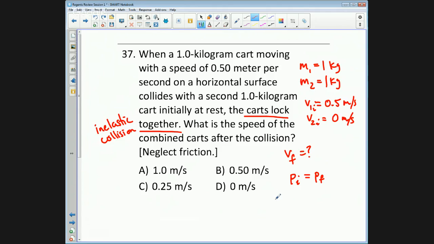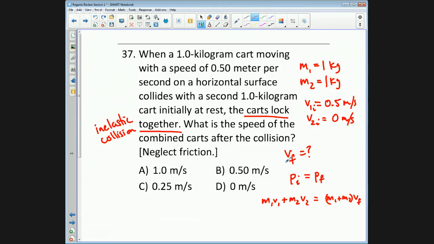So the total momentum before is m1 v1 plus m2 v2, and the momentum afterwards is, because it's an inelastic collision, m1 plus m2 added together, they stick together, times the final speed.